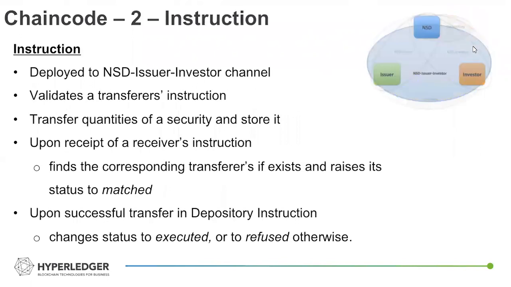Instruction is essentially the smart contract logic that executed the securities transfer. This would be on the three-participant channel between the two peers and NSD, and would record and log the transfer quantities of all the securities, the security issuances executed on the network.